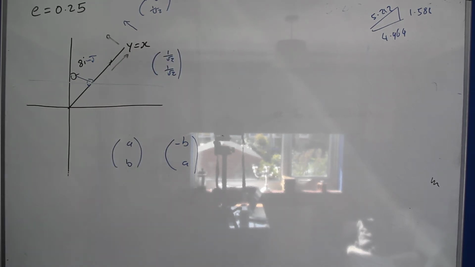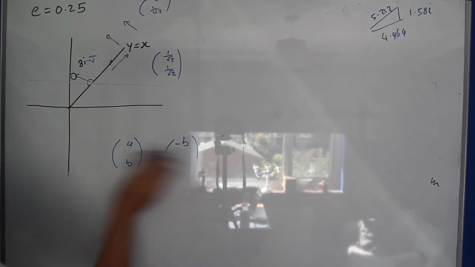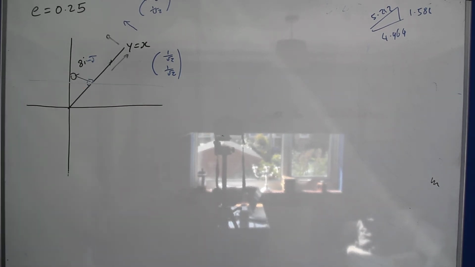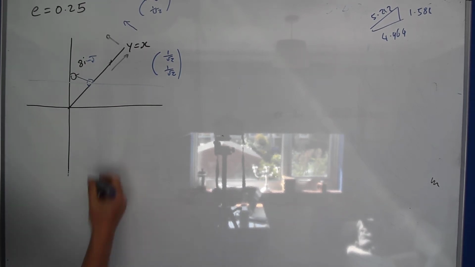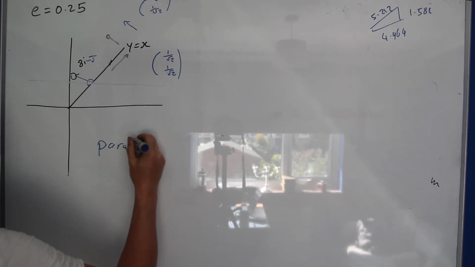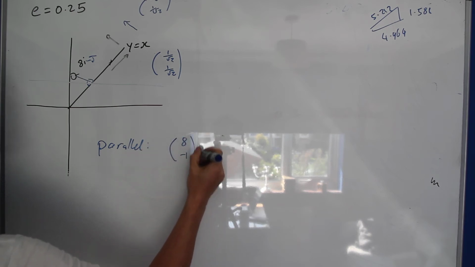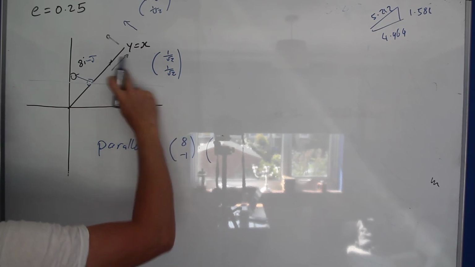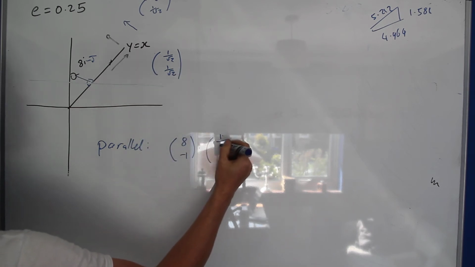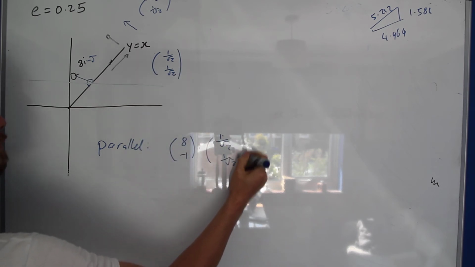Now I'm going to find the component of 8i minus j in both those directions. We'll go for parallel first. That would be (8, minus 1) dot with this vector here, (1 over root 2, 1 over root 2).